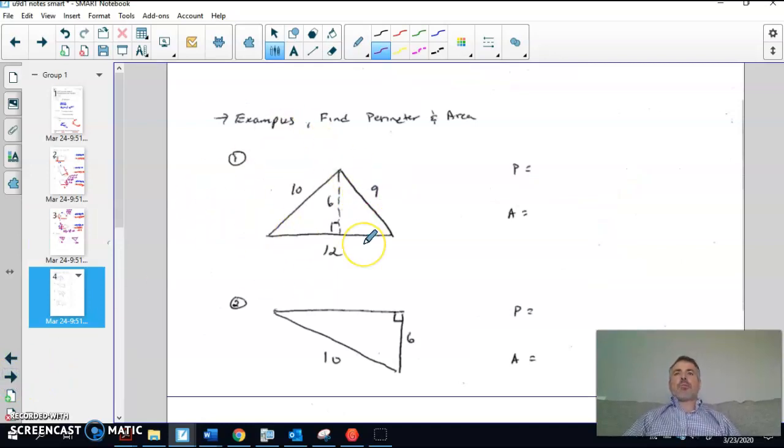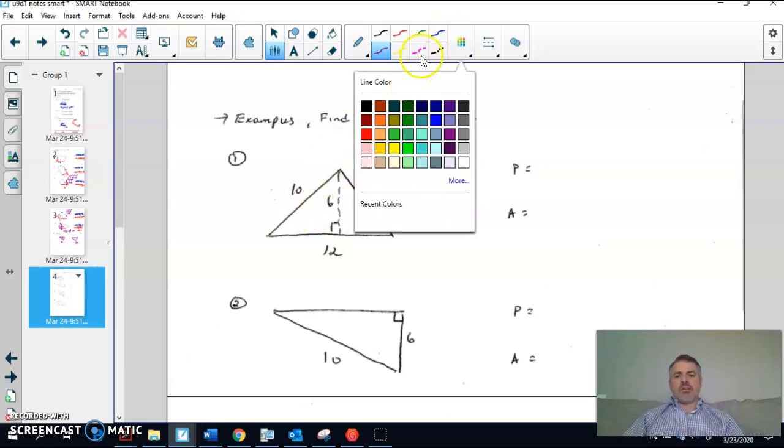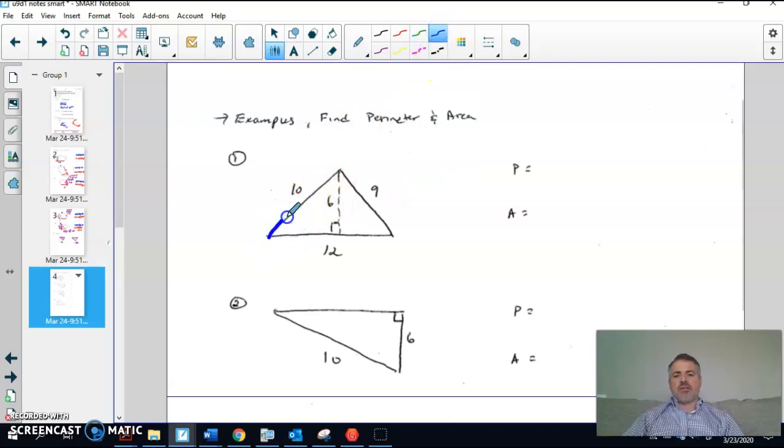So first, again, it asks for the perimeter, the distance around, along with the area here. So perimeter is just consisting of this side that's 10, plus this side that's 9, plus this side that's 12. So that's going to be 10 plus 9 plus 12.